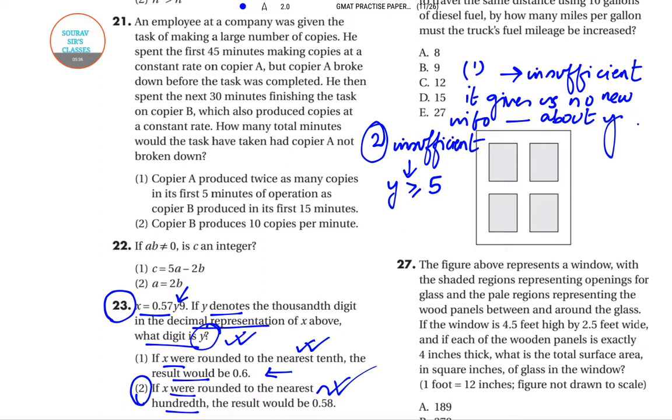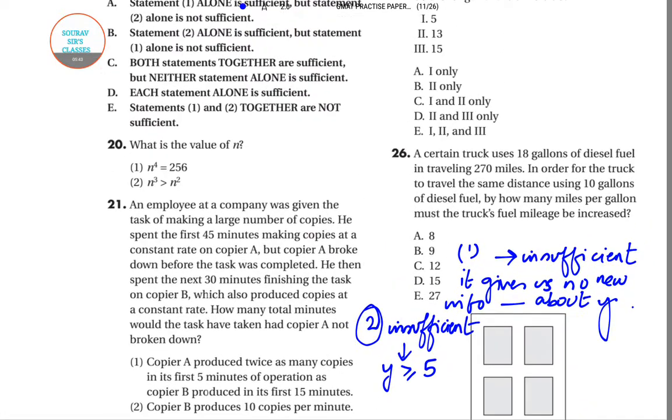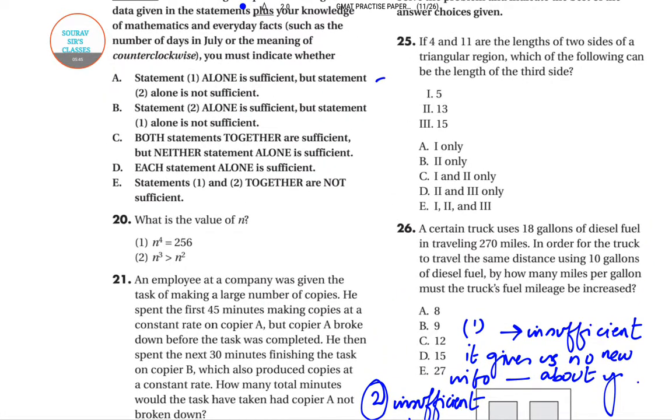So combining the two statements 1 and 2 yields no new information. That means again the correct option that must be chosen out of these 5 is option E. Now let us do one more.